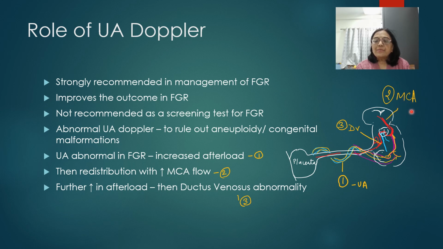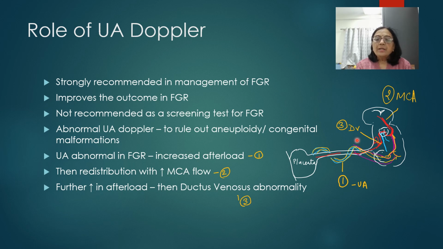Second vessel which gets affected is middle cerebral artery. And with the worsening situation, the afterload increases even on the right side of the heart, and that is when the last vessel shows abnormality in a patient of small for gestational age, fetal growth restriction.